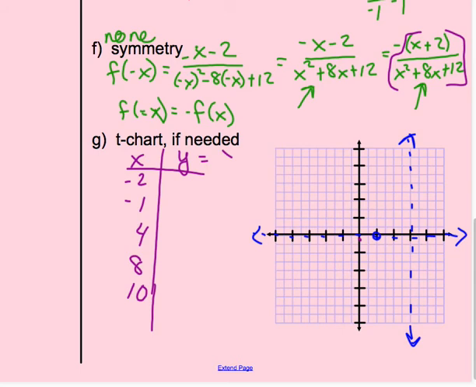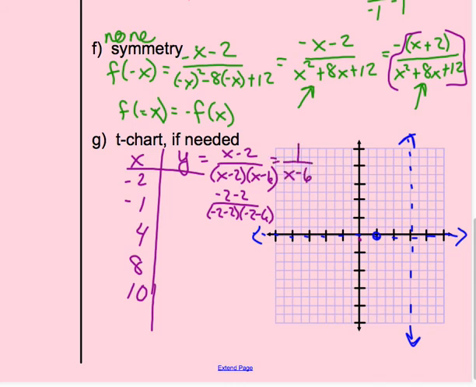So our function was x minus 2 over, and I'm just going to use the factored form because I think it's simpler to work with. So replacing our x with -2, we get -4 over -4, which will cancel. Really, we can use the simplified form of this function.